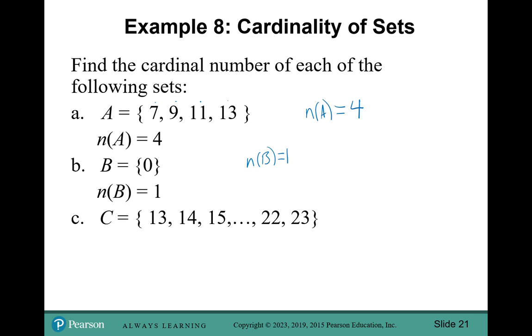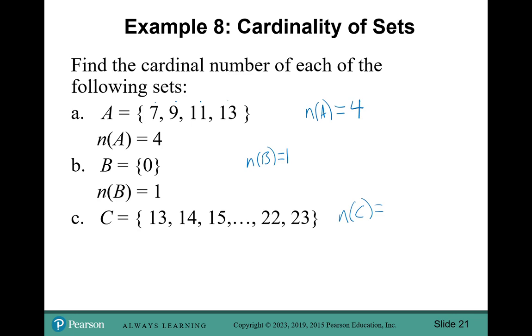If I look at the set C that goes 13, 14, 15, all the way up to 22, 23, basically includes all natural numbers between 13 and 23, I need to find the cardinality of C. The cardinality of C. All numbers between 13 and 23. Let's count that. 13, 14, 15, 16, 17, 18, 19, 20, 21, 22, 23.